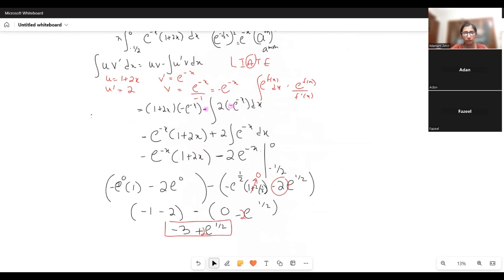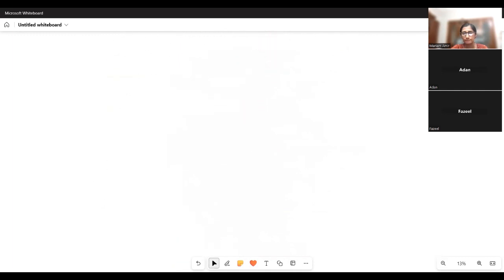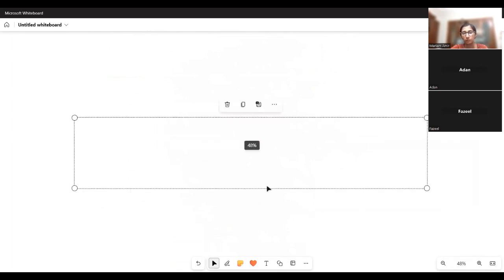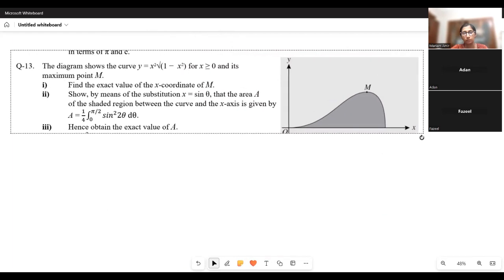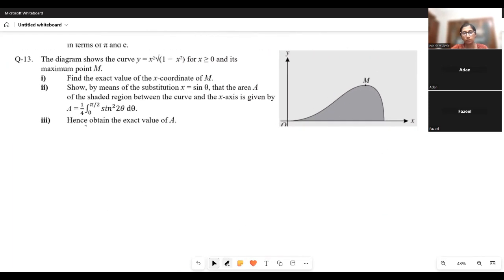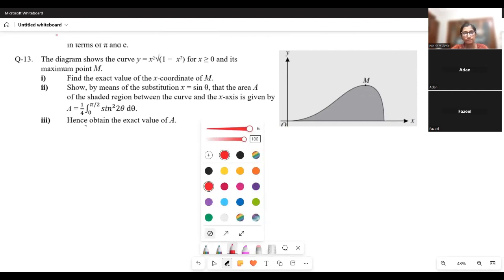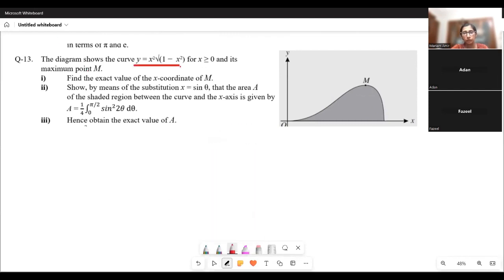Okay, question 30. The diagram shows this curve where x is greater than or equal to 0 and its maximum point m.